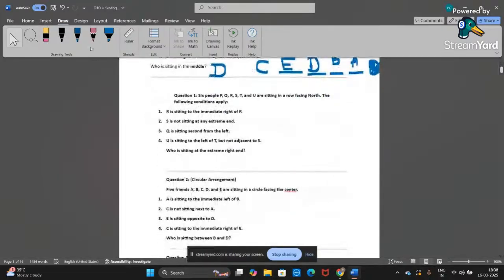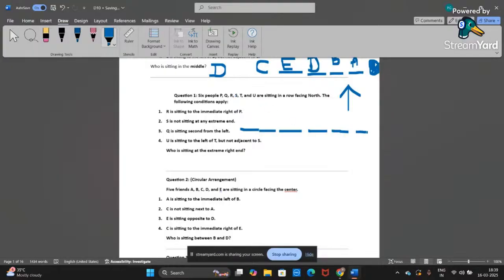We have to satisfy all the conditions when you're doing the seating arrangement. 6 people P, Q, R, S, T, U are sitting in a row facing north. Again, the facing north direction. So let us write positions 1, 2, 3 to 6. Data arrangement and seating arrangement are the same.